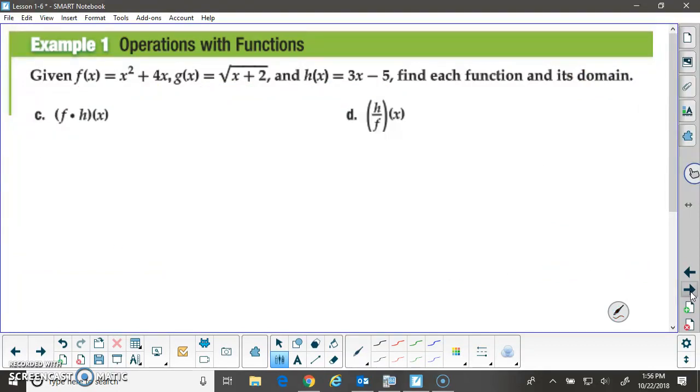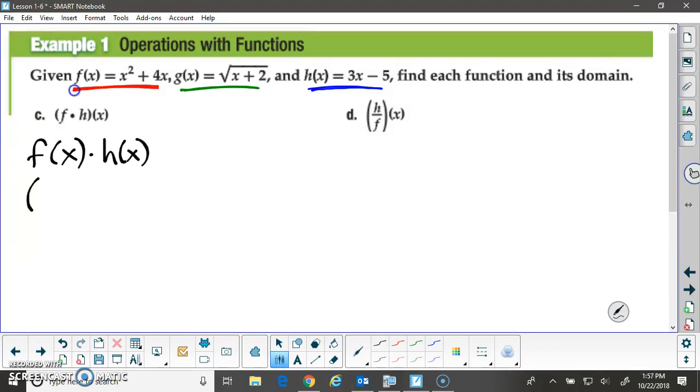Part C now, again we've got the same three functions. The notation on part C is saying take f of x and multiply it by h of x.